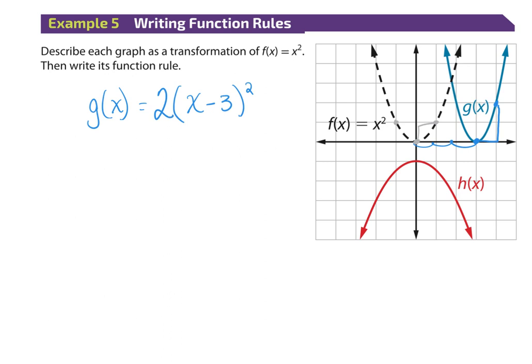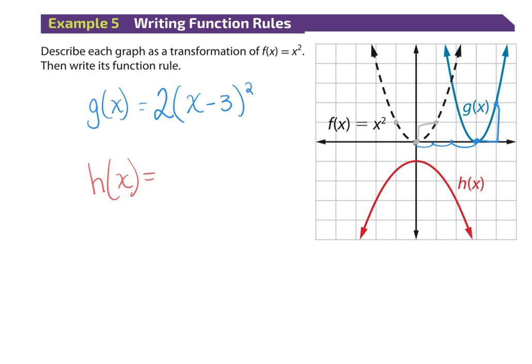All right? Let's look at the next one, h of x. Again, we know my parent function. We know he also shifted, right? Specifically, he shifted down, right? He also reflected. So we have a lot of stuff going on here.